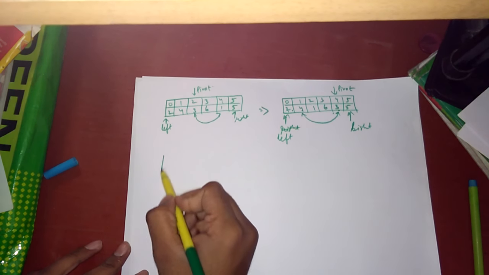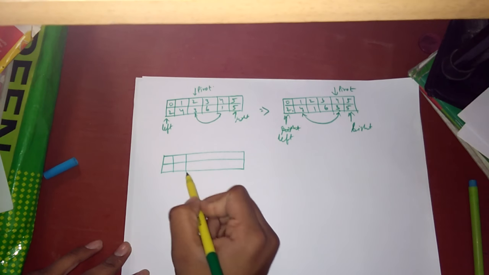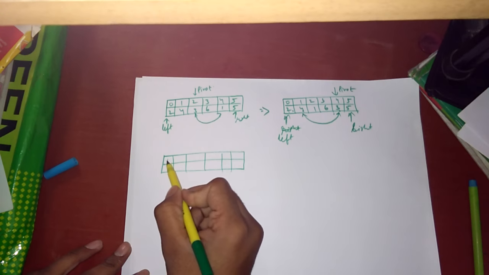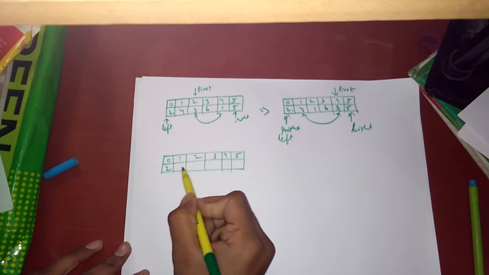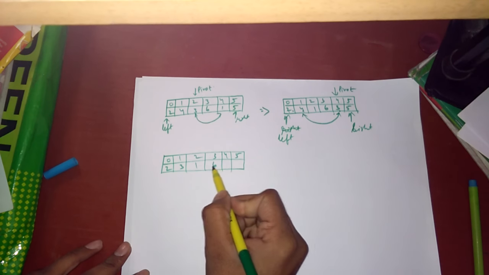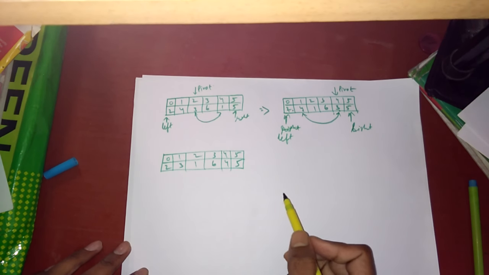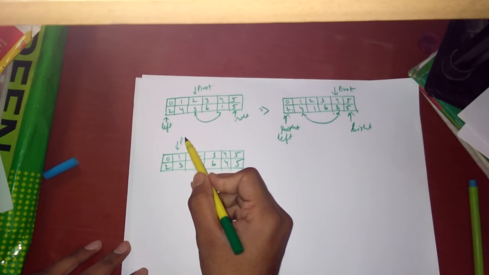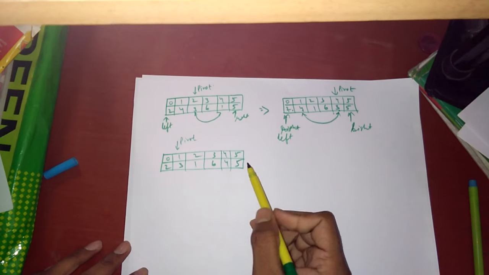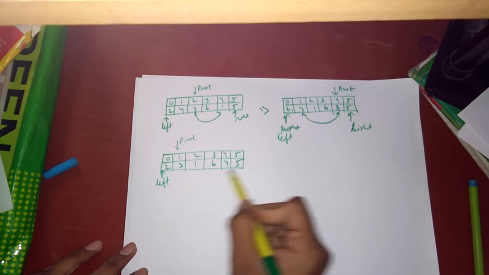So 2, 3, 1, 6, 4, 5. Okay guys, now our pivot is here and left, right.